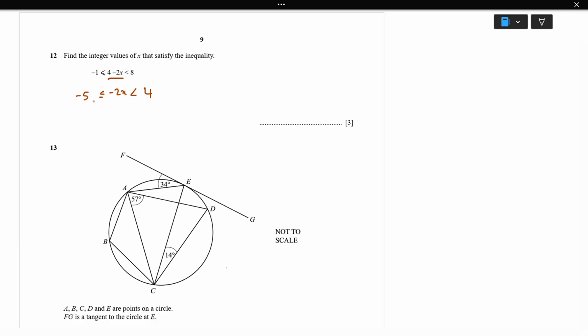When we divide or multiply by a negative, the sign will change. So here is a positive 5 over 2 is greater than or equal to x, greater than negative 2. So our inequality changes like this: minus 2 less than x less than 5 over 2, which becomes 2.5. So the integers included here are minus 1, 0, 1, 2, because 2.5 is not an integer.